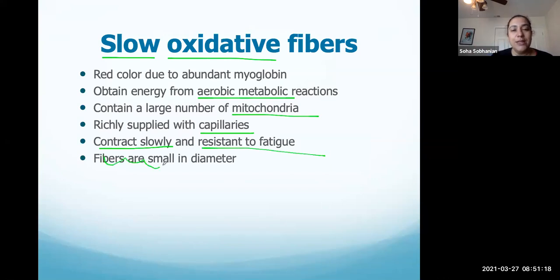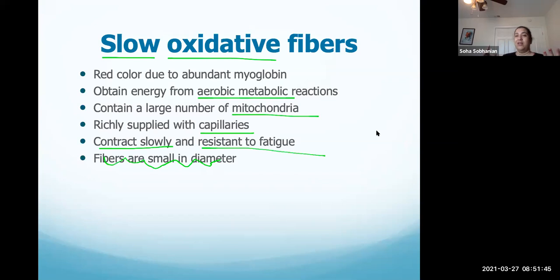I don't need you guys to know the diameter of these muscles. However, I do want you to add that if I ask you for an example of a slow oxidative muscle, the best examples are the muscles of your back. These are the muscles that help with your posture.